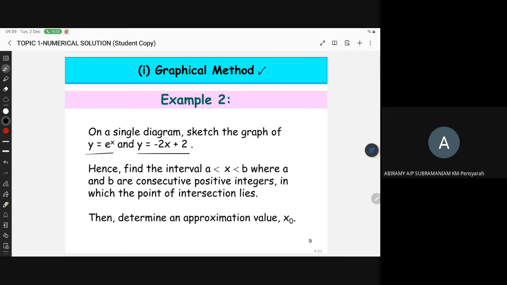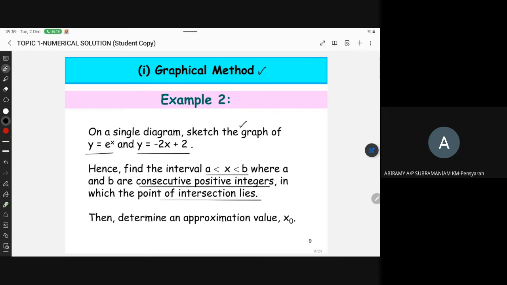Hence, find the interval a until b where a and b are consecutive positive integers in which the point of intersection lies. So you need to find the interval where the point of intersection lies, then determine the approximation value of x naught.